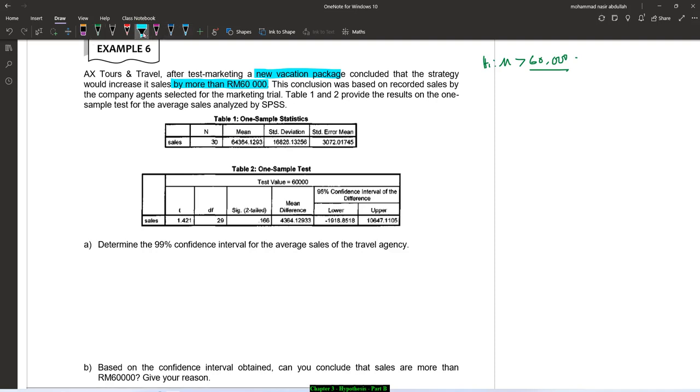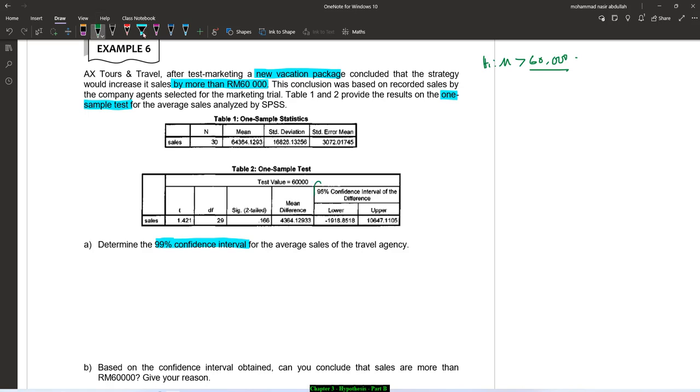So this conclusion was based on recorded sales by the company agent selected for the marketing trial. Table 1 and Table 2 provide the result of a one sample t-test, one sample test for average. So determine the 99% confidence interval for the average sales of the travel agency.